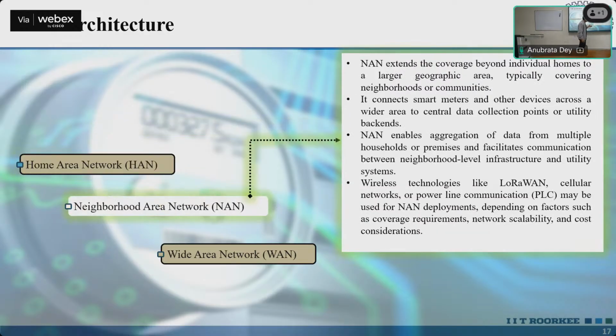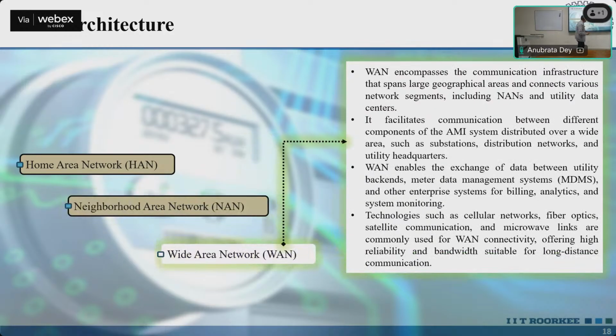Similarly for NAN, it is more powerful than the earlier one because they are capturing data from different colonies or societies of houses, so there you can go for a better network. And similarly for WAN, it is more powerful than HAN and NAN, and there you can use fiber optic or satellite communication for transferring the data.